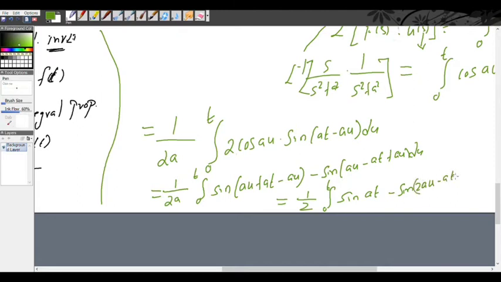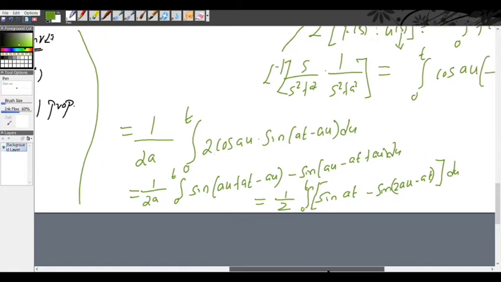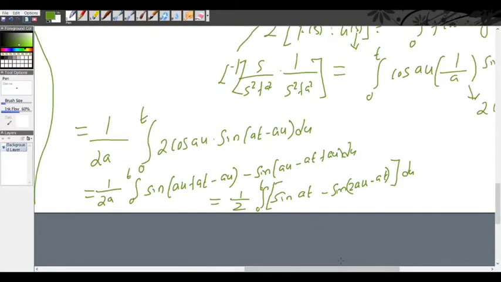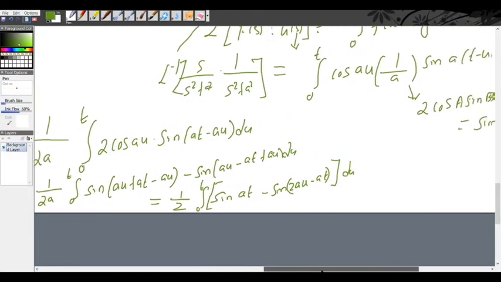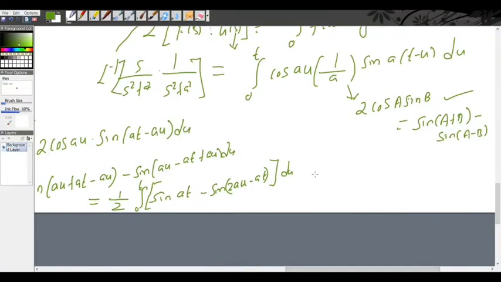Do it on your own, okay? Don't copy it. Into du. So I advise you to do the integration as well as apply the limits. Fine, I am directly writing it.